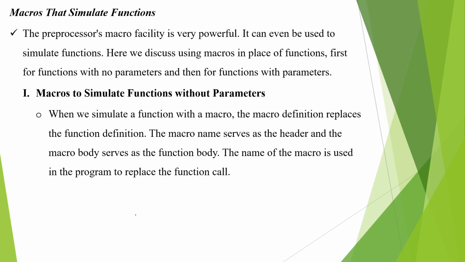The declaration gives the compiler the idea of what parameters you are giving, what the name of the function is, and what return value the function gives. So these macros can be used to simulate the concept of functions.